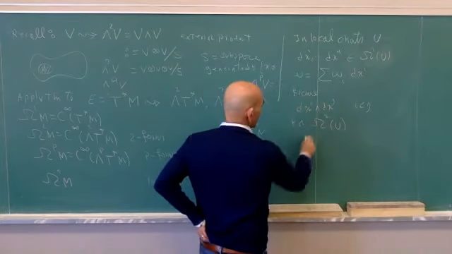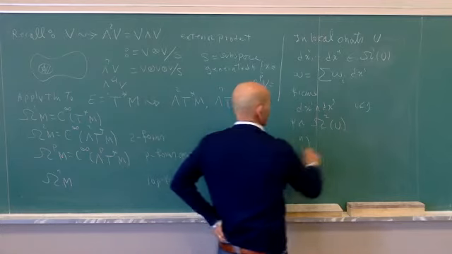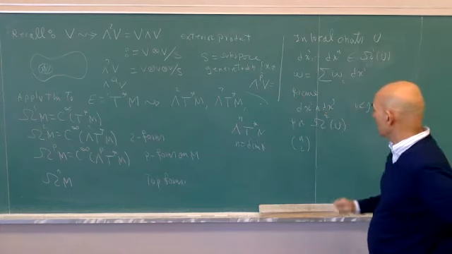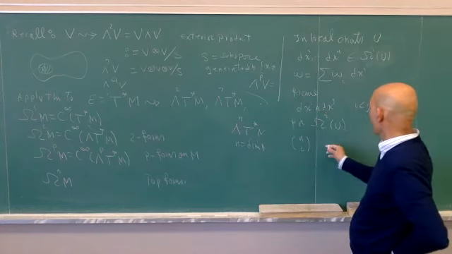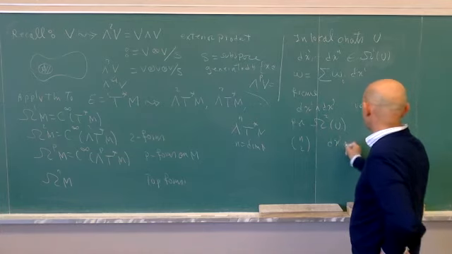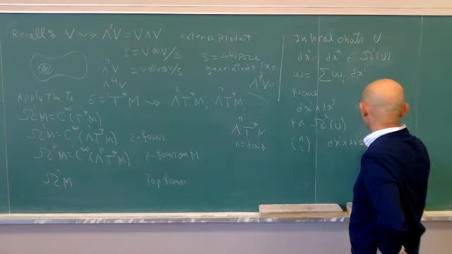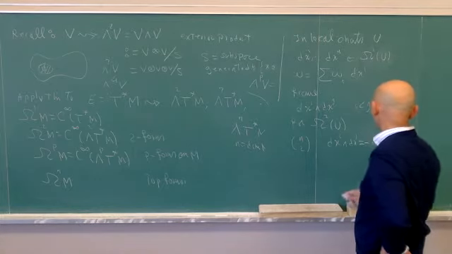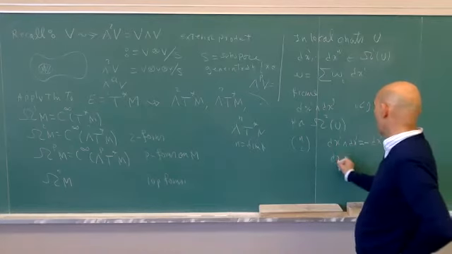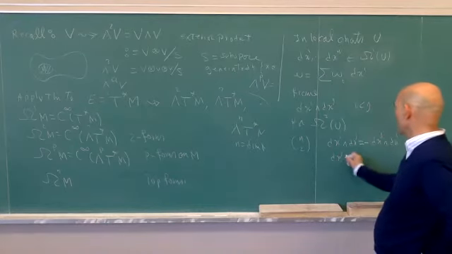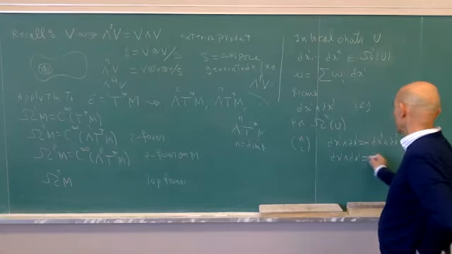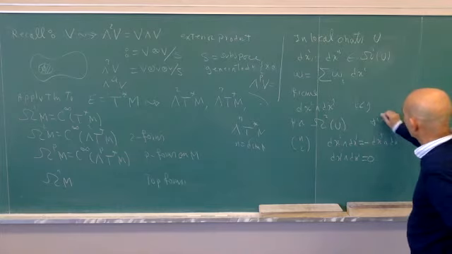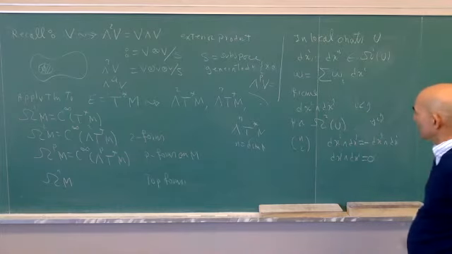This is just n choose 2, because I less than j, the number of 2 element subsets. The rule here is that dxi wedge dxj is equal to minus dxj wedge dxi. In particular, dxi wedge dxi is equal to 0, for all I and j, not just I less than j.